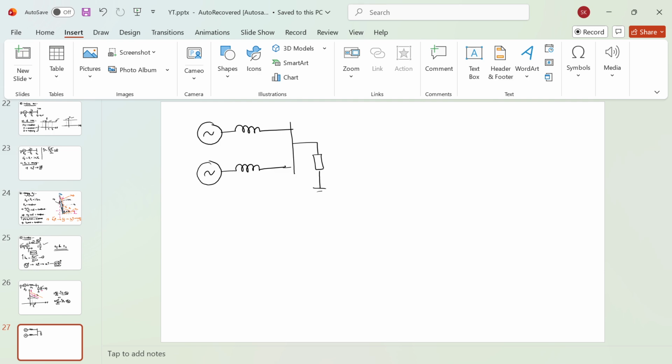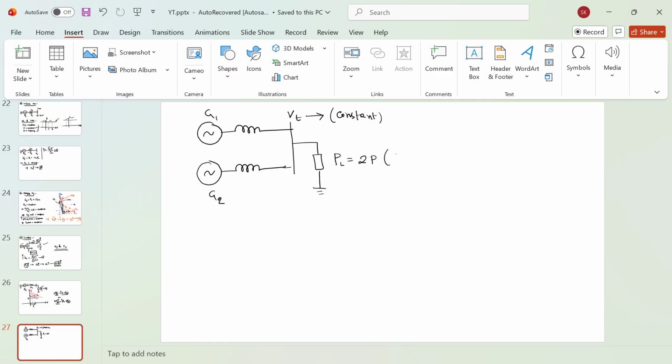This is my G1, this is my G2, and this is my bus. I am calling it a bus because these two are in parallel, and I am considering my load power P load to be constant. Let's say for my case it is 2P, just an assumption. I'm assuming my bus terminal voltage is constant.